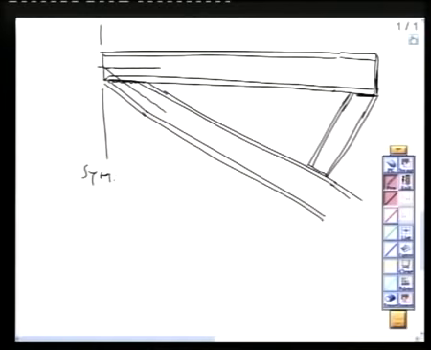Of course, the members are connected at the joint because this should be in the middle. If I make the vertical, it will not reach the way it should.